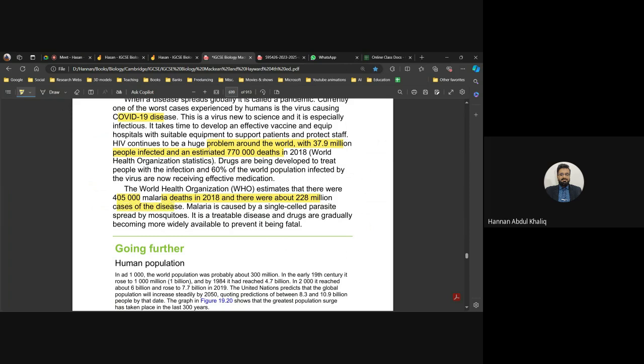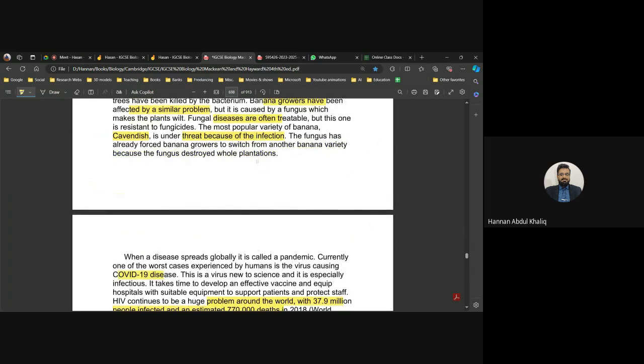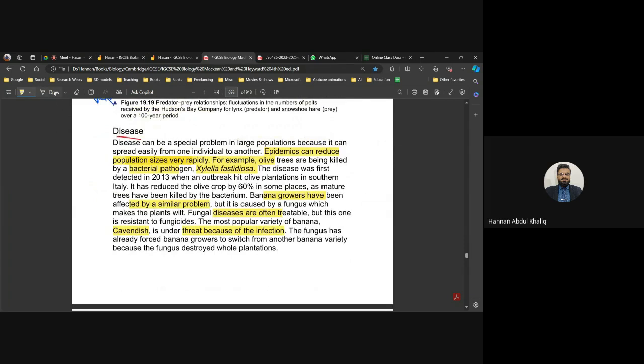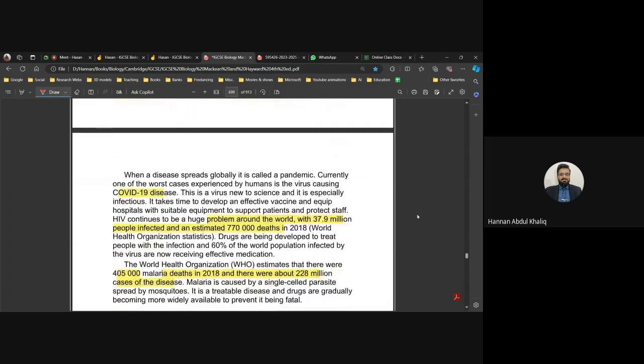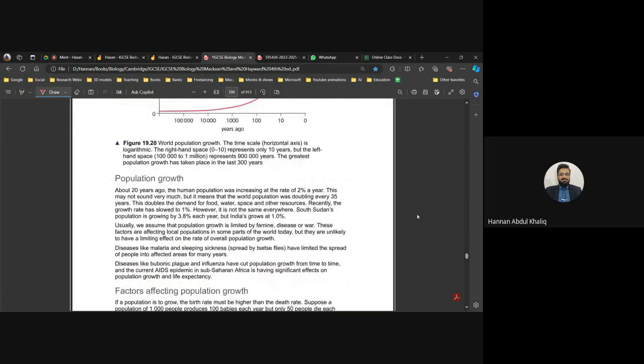So you can say that disease is not always a bad thing. It is basically a blessing to control the sizes of different populations. I am talking from the side of nature. In nature, it is a blessing that diseases can destroy populations so that the earth remains sustainable. Got it?